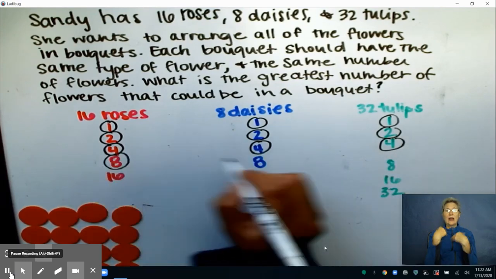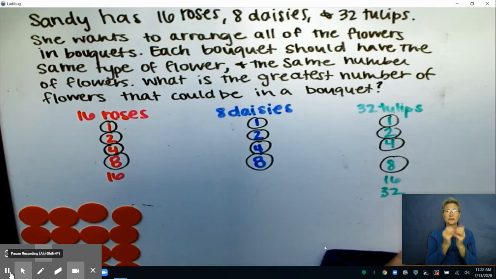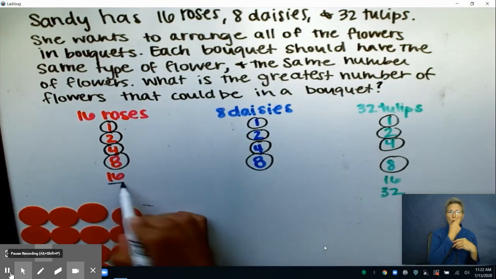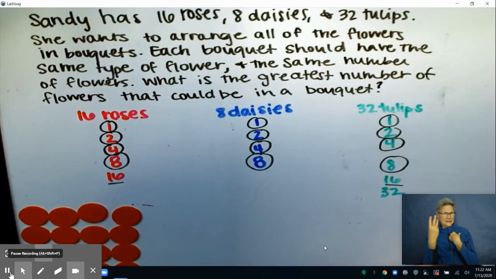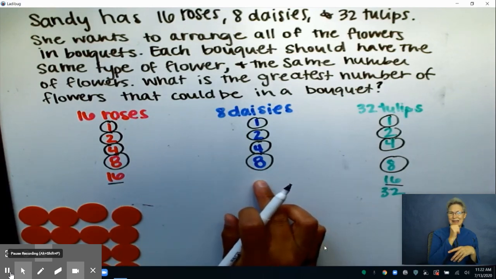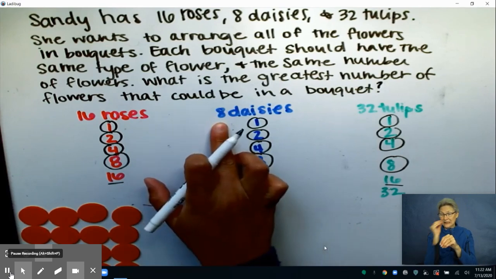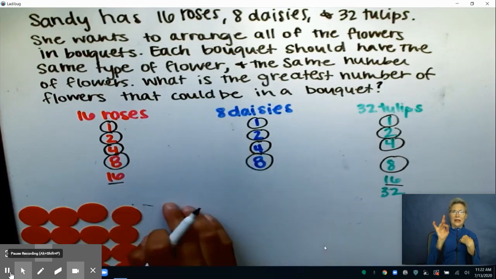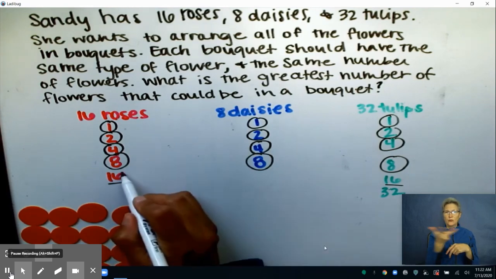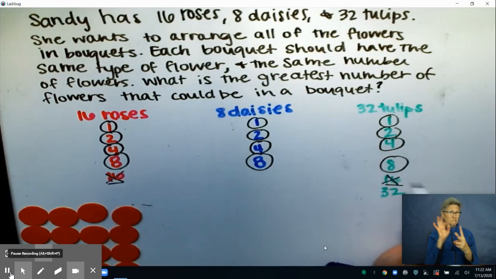And I could also have 8 of each type of flower in all of the bouquets. I see roses and tulips both have 16 as a factor that they share in common, but daisies do not, right? I can't put 16 daisies in one bouquet because I only have 8. So even though 16 is in common between both roses and tulips, that number is not in common for all 3. And so it wouldn't be an option in this situation.